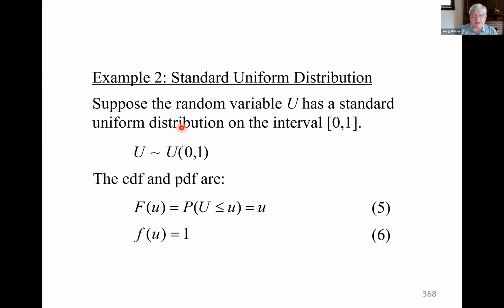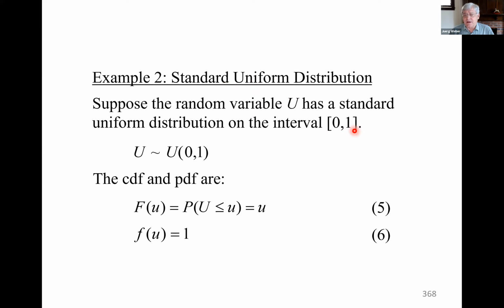Let's make another example, the standard uniform distribution. Let's assume we have a random variable U. I call it U because it has a uniform distribution, so I use another letter. It's important that I take a capital letter, because that stands for the random variable. And if it's a standard uniform distribution, then it's defined on the interval 0 to 1.